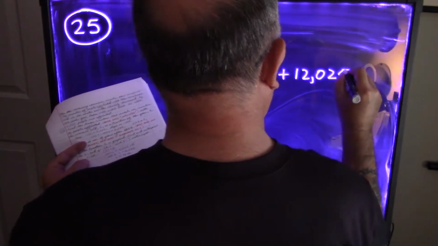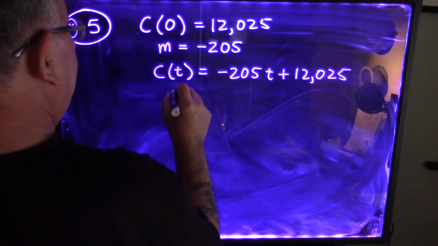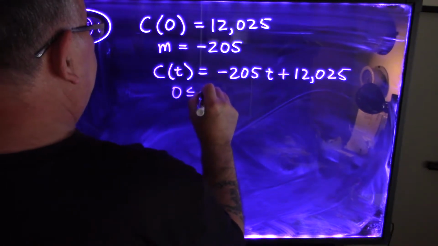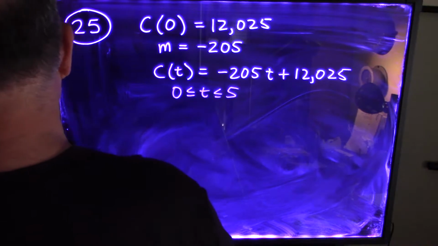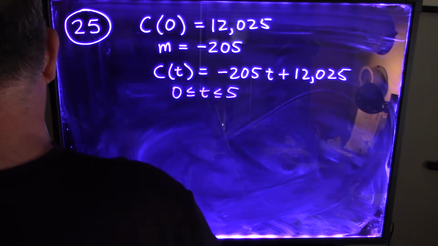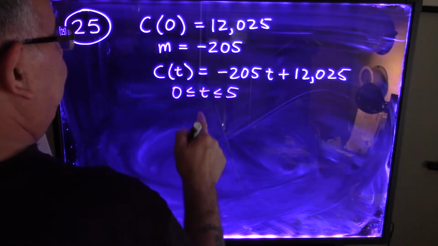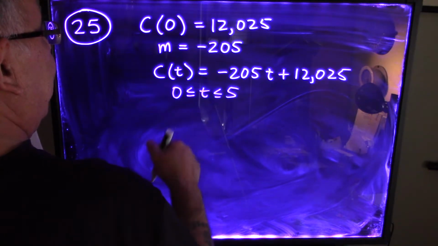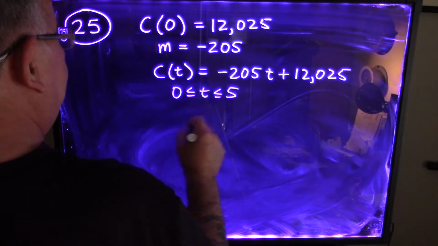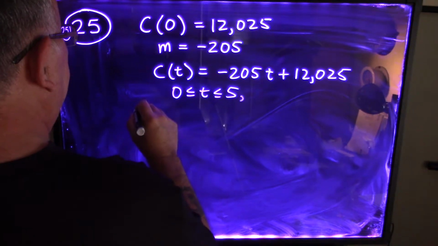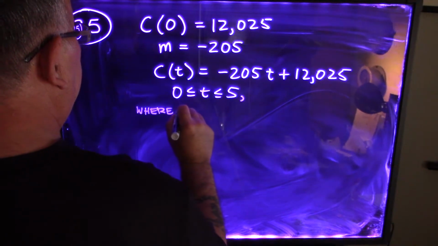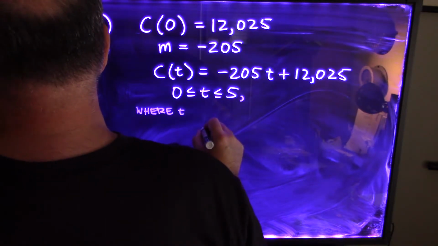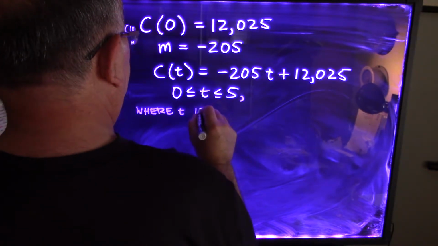Again, we can put the domain restriction 0 less than or equal to t less than or equal to 5. The model is valid for this time frame, where t is the number of years after 2005.